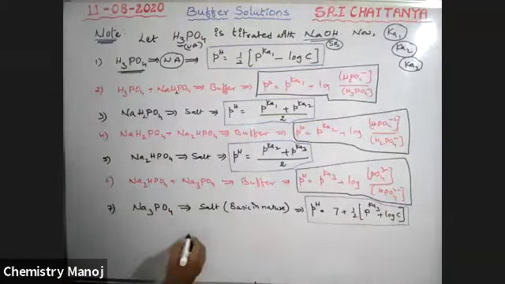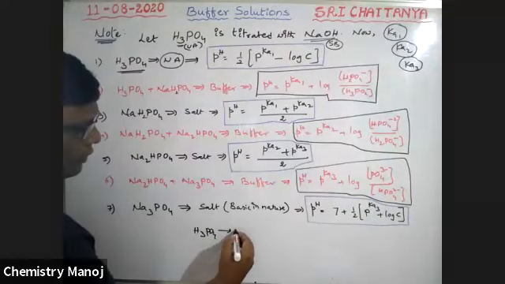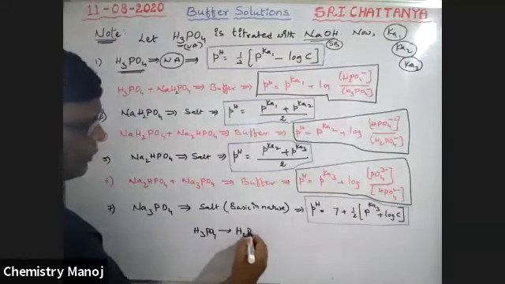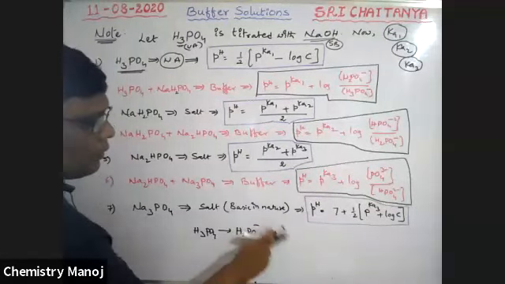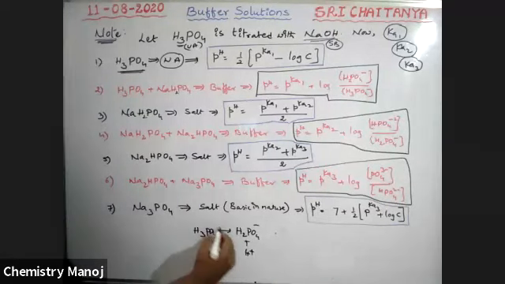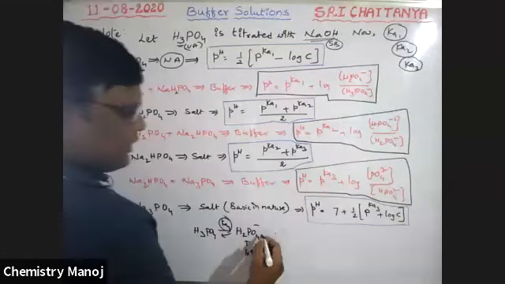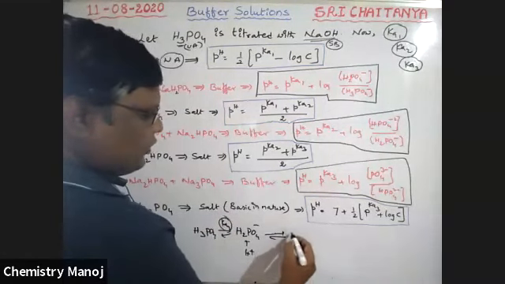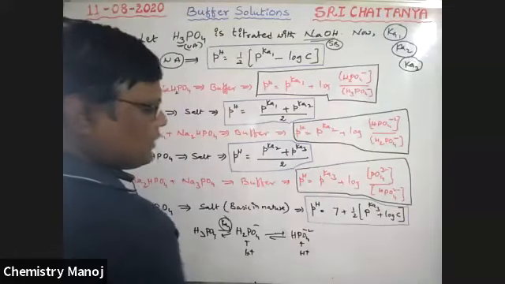What is Ka1? See here, H3PO4 first breaks down into H2PO4 minus and H plus. This is Ka1, the first dissociation. Now this H2PO4 minus once again dissociates into HPO4 2 minus, and one more H plus ion comes out.